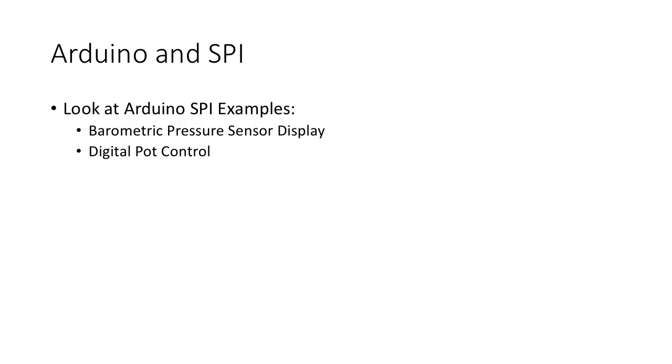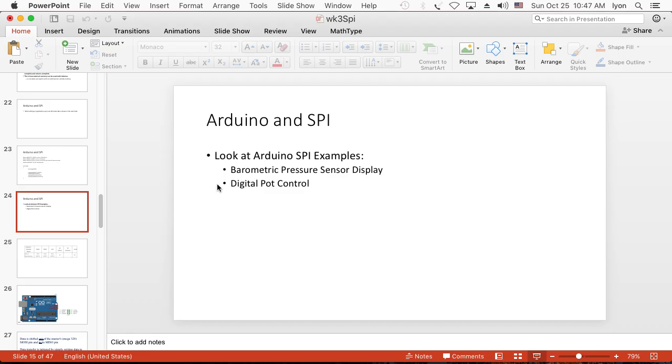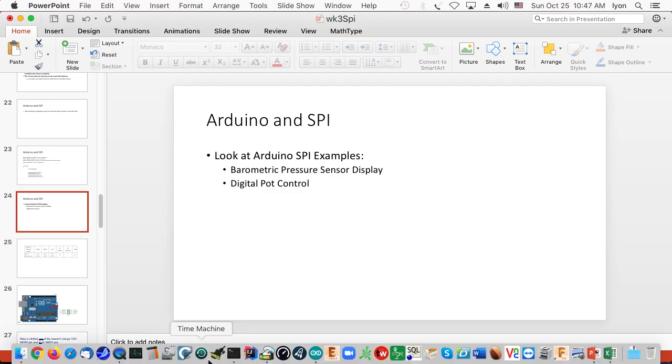And then we've got an opportunity to look at some of the examples: barometric pressure sensor display and the digital potentiometer control. We can find those in the Arduino IDE.